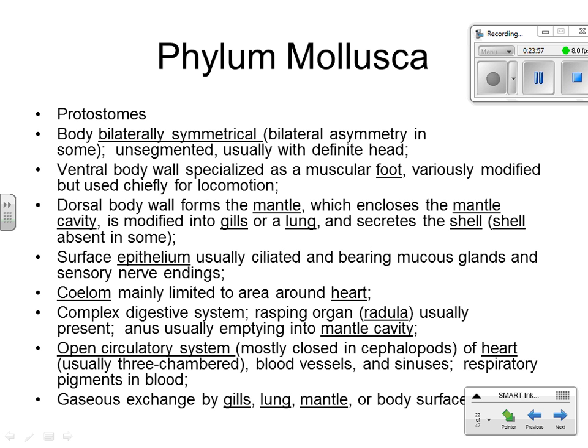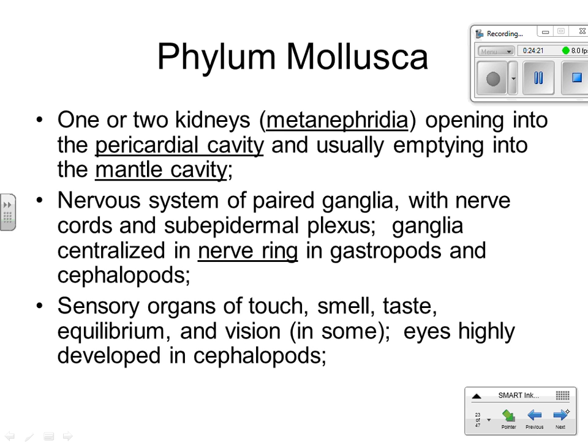A lot of them have this organ called a radula. And I'm going to show you a picture of this in a minute. What does something like a slug eat? What does a slug eat normally? Plant stuff. And the way it gets the plant food, and I'm going to come back to this slide in a second, but I want to show you a picture here first.